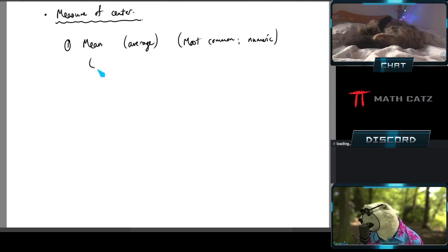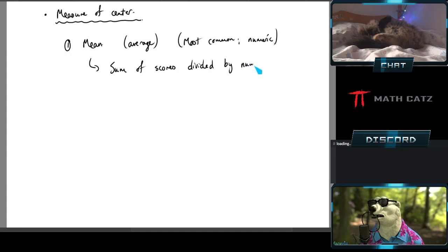I just take all the scores, I sum them, which means I add them all up, sum of the scores, and then I divide that sum by the number of scores that I used.